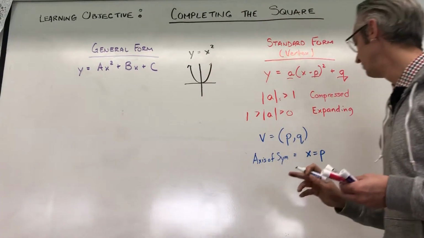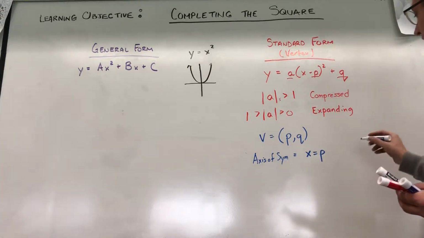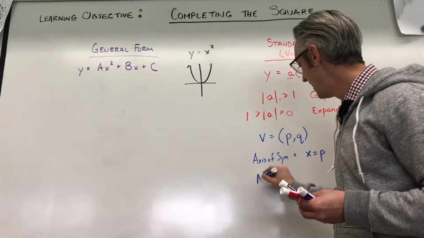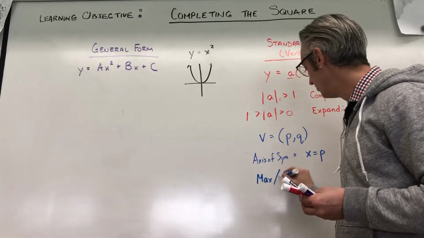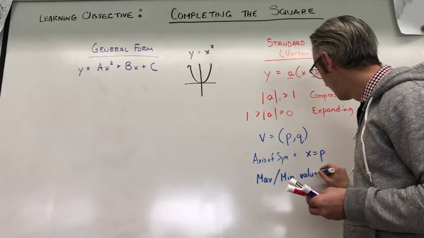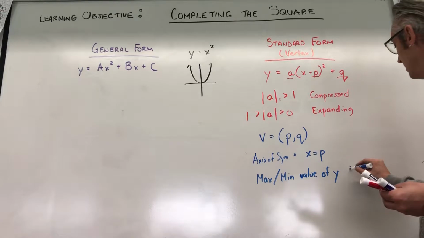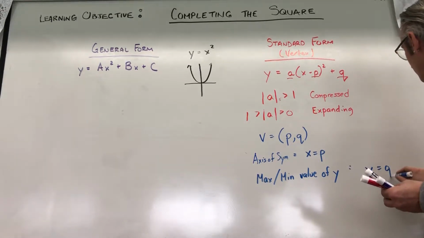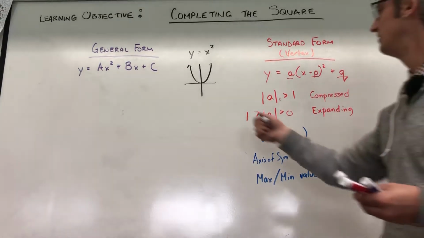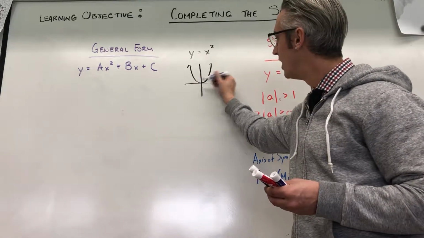And our max or minimum value of y is going to be y is equal to q. So in this case we would have a minimum value for y of 0.